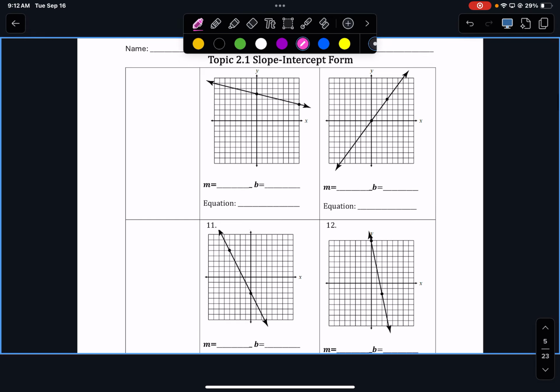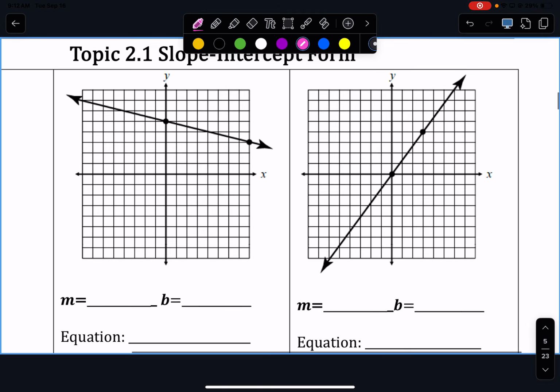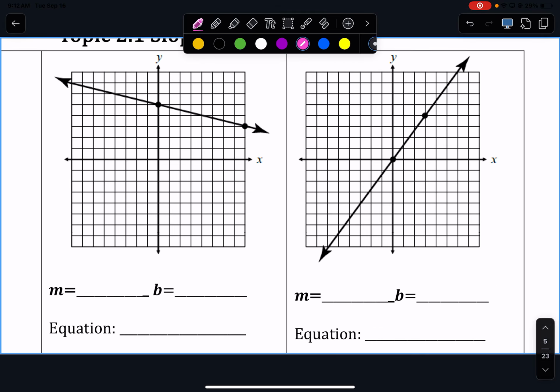All right, now we are going to look at 9 and 10 together. Okay, for question 9, what's our y-intercept? 5. The slope is going to be a negative because our line is decreasing from left to right. So it goes down how many? 2.